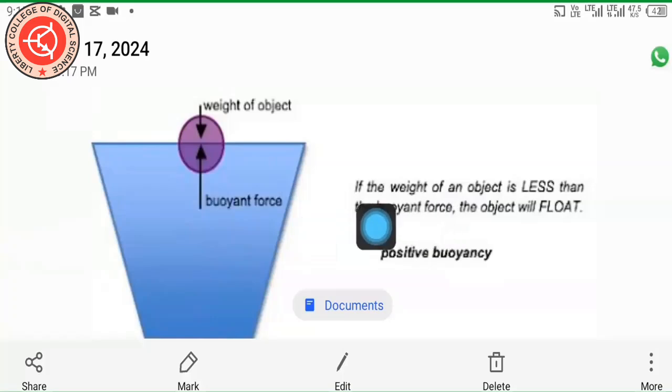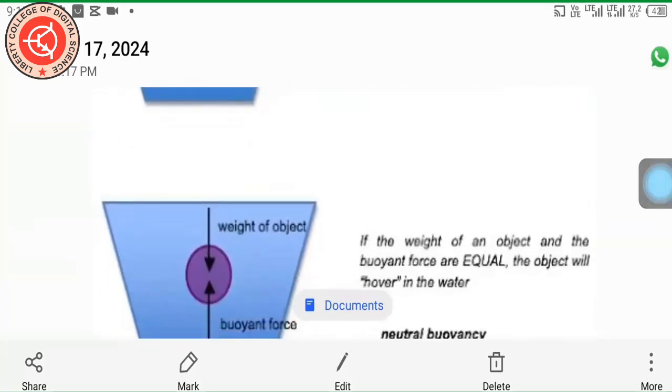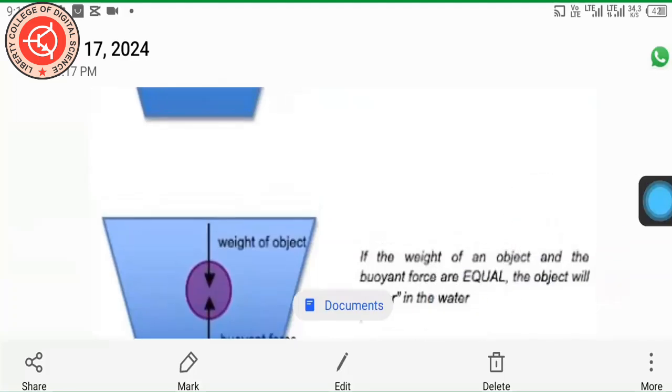So if the buoyant force is greater than the weight of an object, the object is going to float. Then we can also have the object situated within the middle of the fluid. If the weight of an object and the buoyant force are exactly equal to each other, then the object will hover in the water.